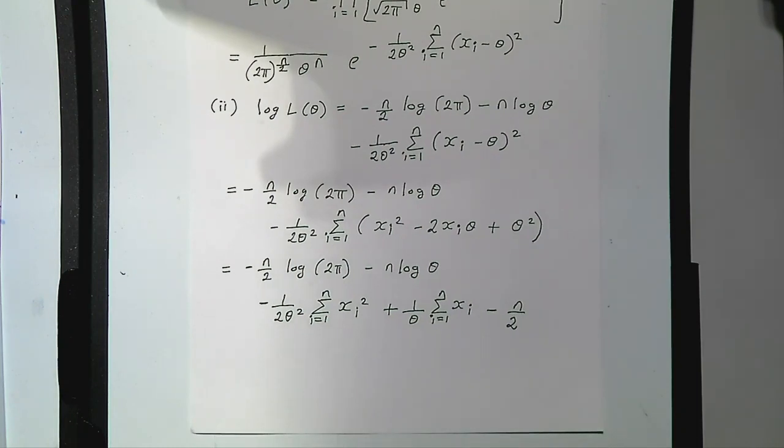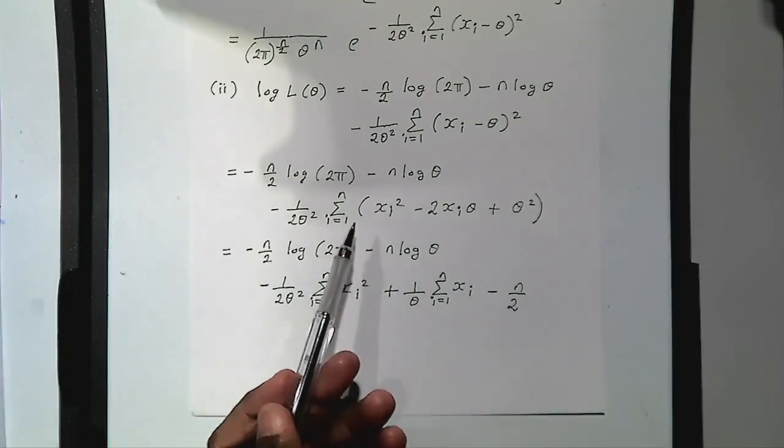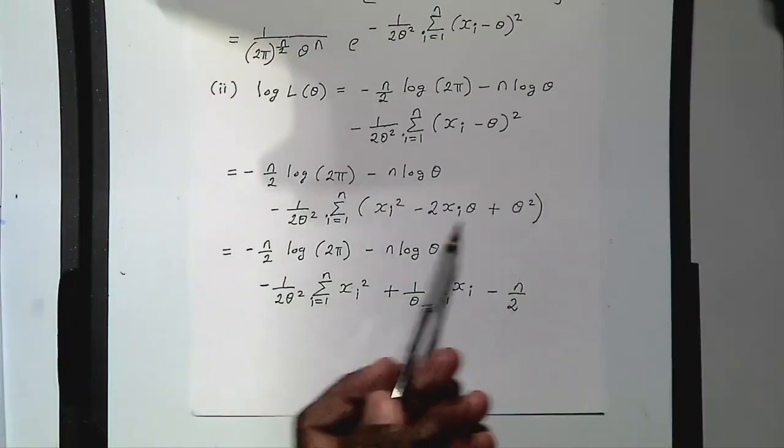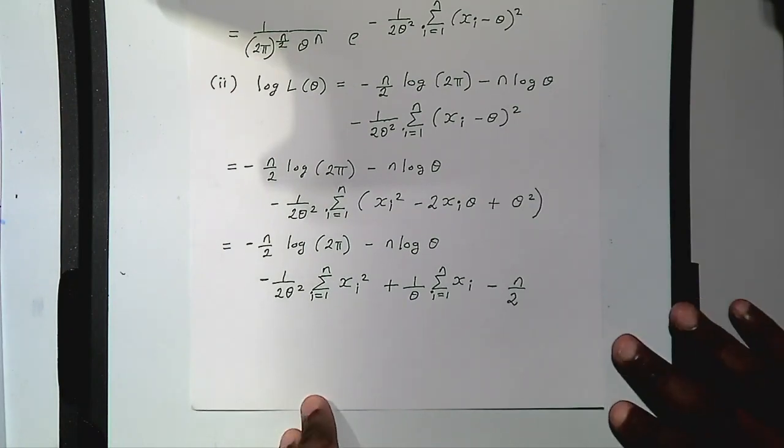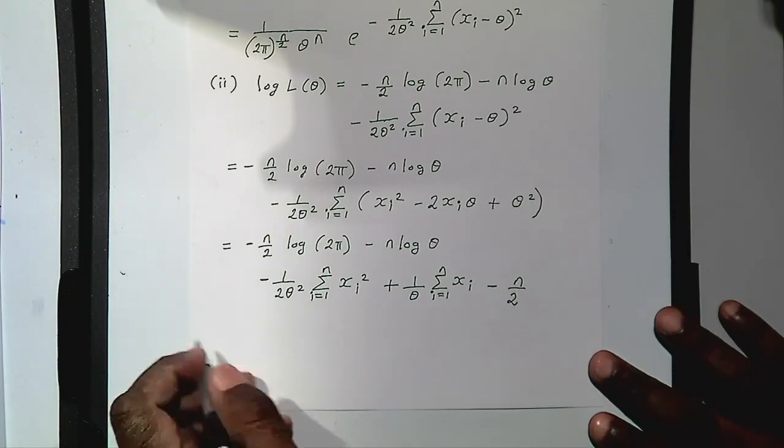Is that right? You see what I've done? I have taken the sum inside the open brackets and divided by minus 2 theta squared. So you get these three terms. Correct me if I'm wrong. Okay. Right. So let me put this over here so all of you can see what I've written.